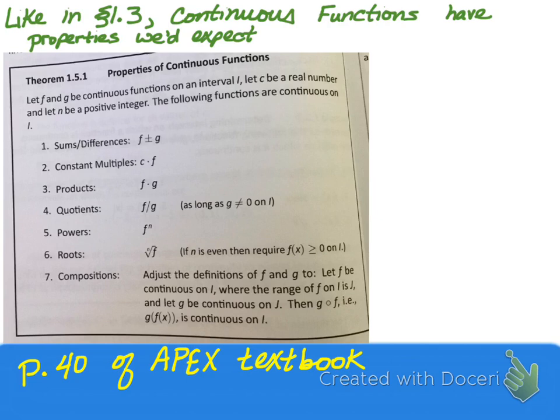When you divide continuous functions, it's continuous as long as the denominator is not equal to 0. Raising a function to a power, it's still continuous. Taking the nth root of a function, still continuous, as long as we don't have negatives inside of a square root or a fourth root or any even root. And the composition of functions are also continuous. They behave exactly as we expect them to.